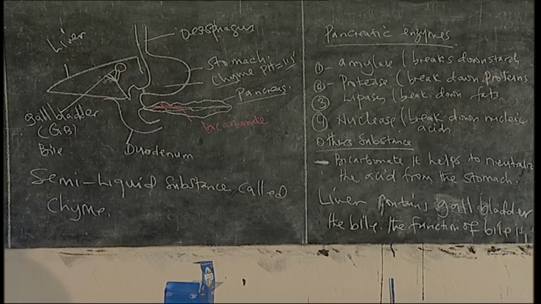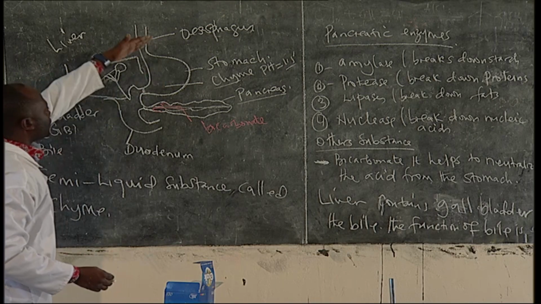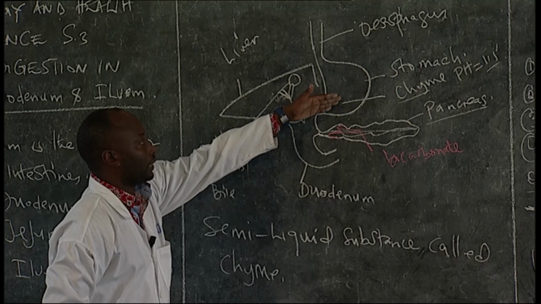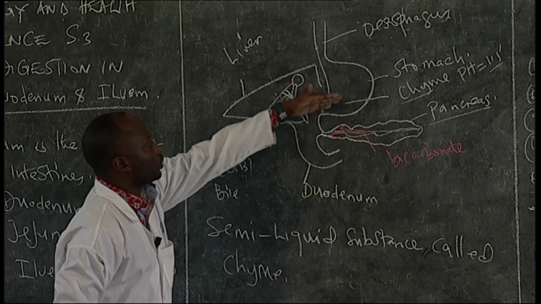So that is the digestion in your duodenum in simple understanding. Once the food is released from the stomach as chyme, it enters the duodenum.